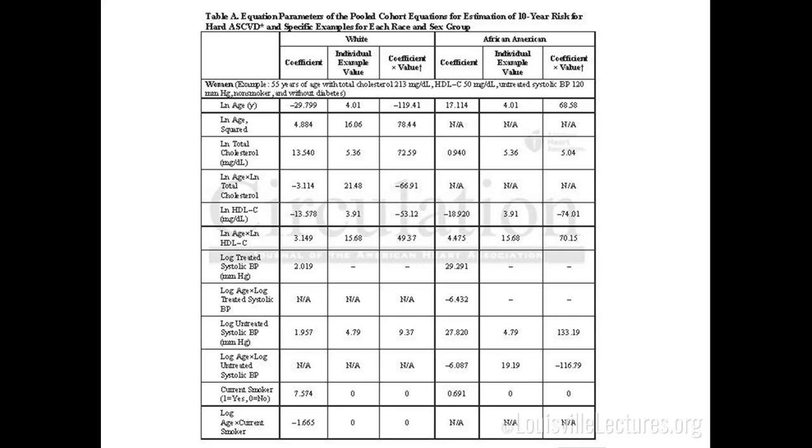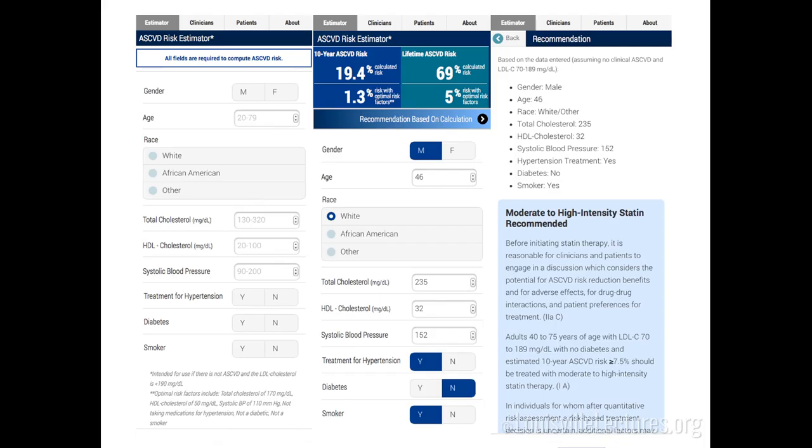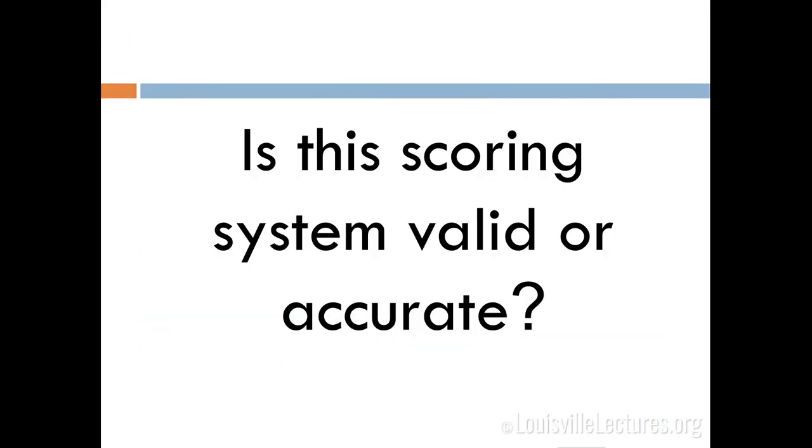So they have all these interaction terms, and you really need to use a web-based or a PDA-based application. The other interesting thing that this new risk score does, and we're not going to talk about it, is that they also make an estimate of lifetime risk in addition to your 10-year risk. But the guideline therapeutic recommendations are all made on this 10-year risk of having a cardiovascular event.